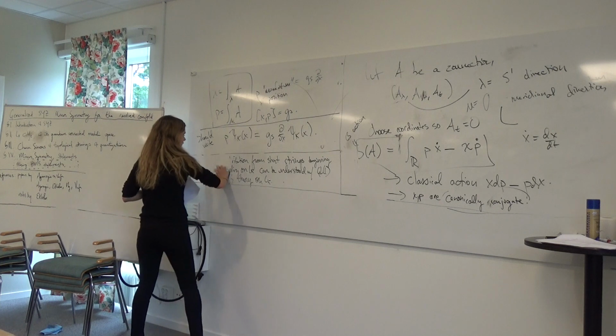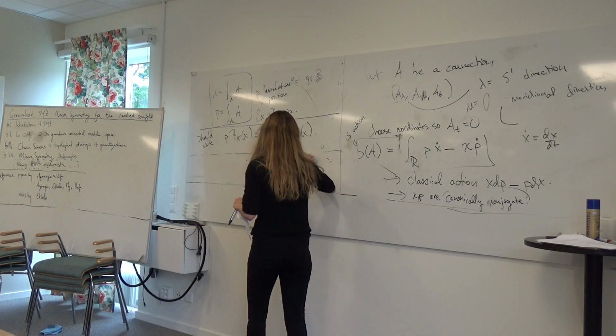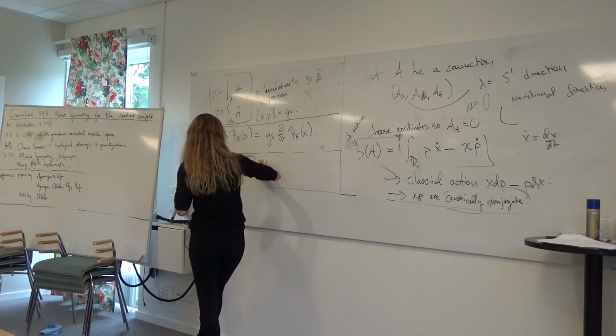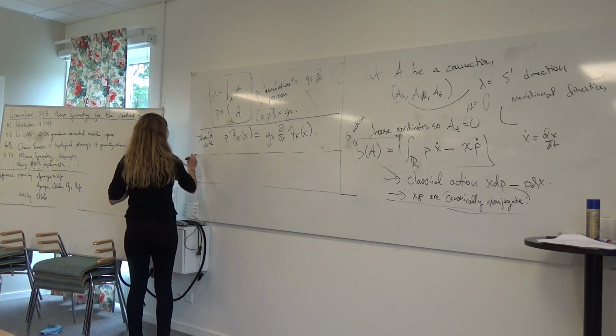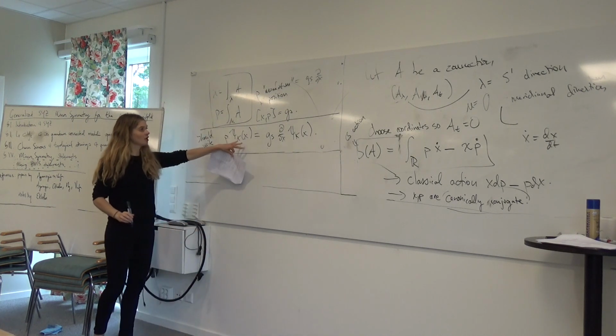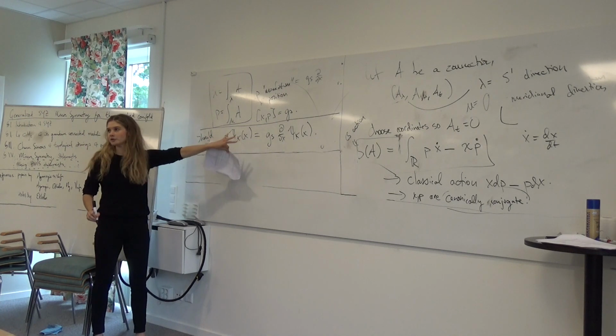Particularly, we can use the so-called short wave asymptotic formula. The idea here is that we're going to get some relation between x and p by expanding this thing out in two different ways.